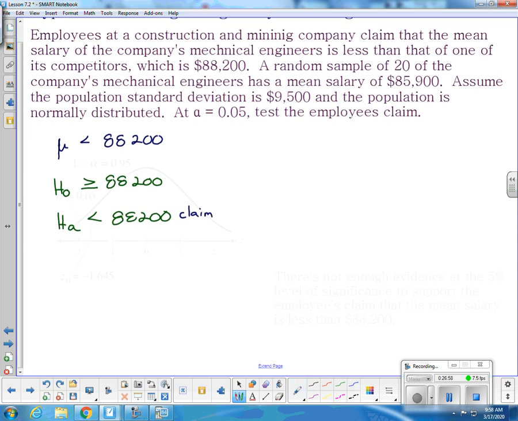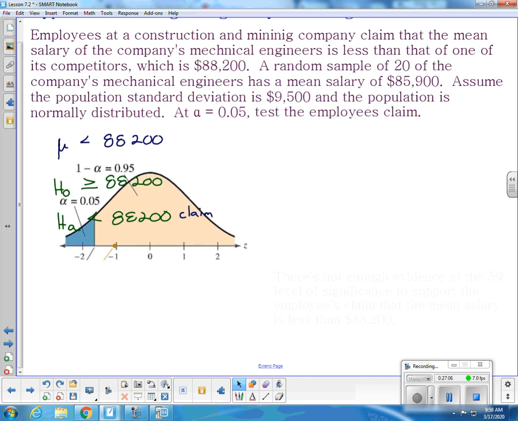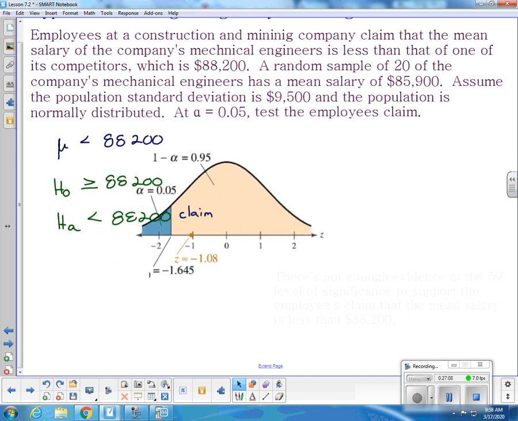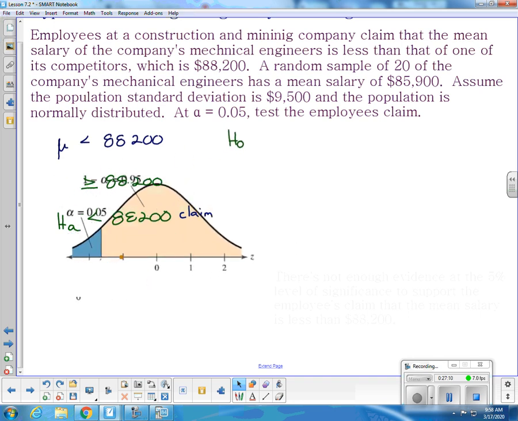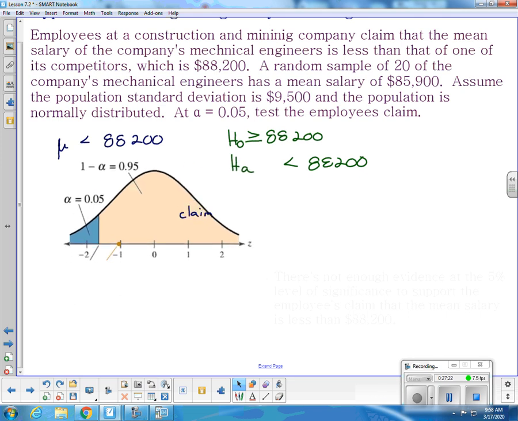So we're going to do our picture. Let's write these over here. All right. Here we go. So it is a left-tailed test because we're talking about less than.